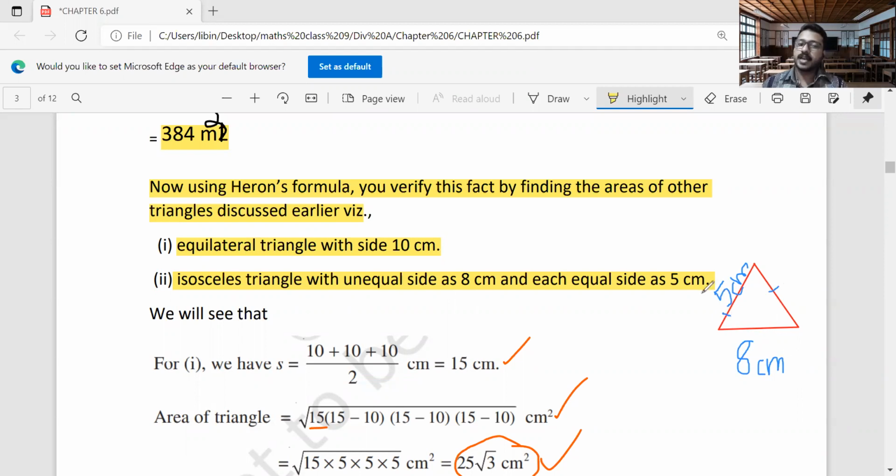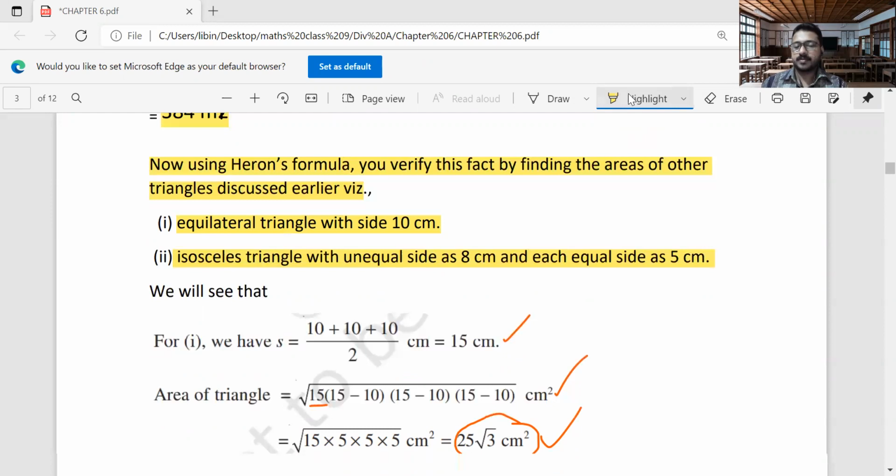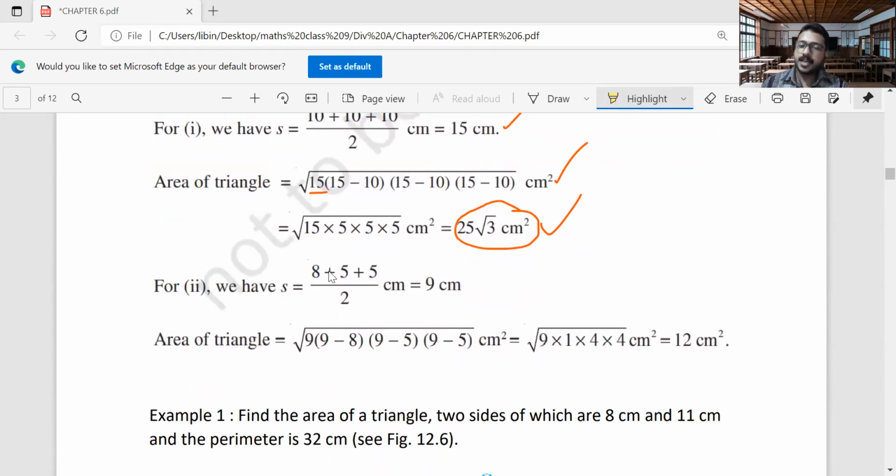Here also we can directly apply Heron's formula, right? First of all we have to find the perimeter, which is 8 plus 5 plus 5, so we get 18, but we want only the semi perimeter, so perimeter divided by 2, that is 9 centimeter.